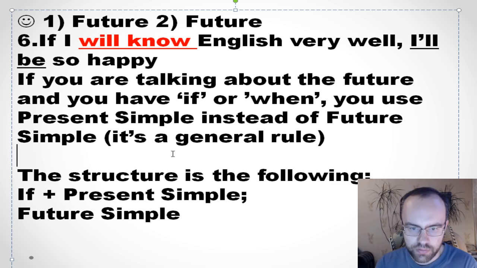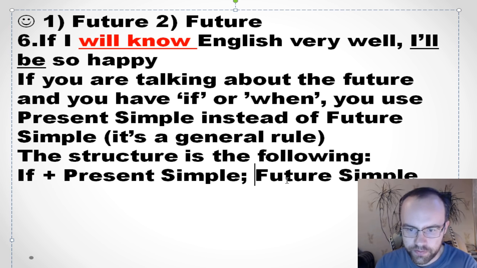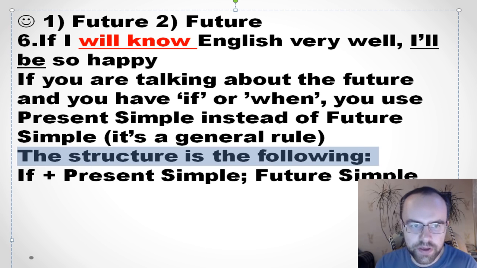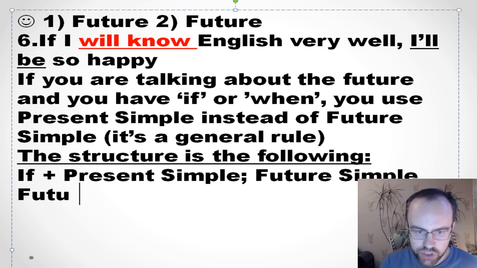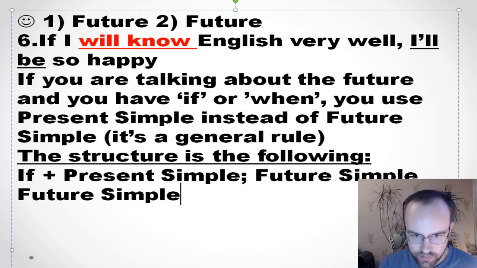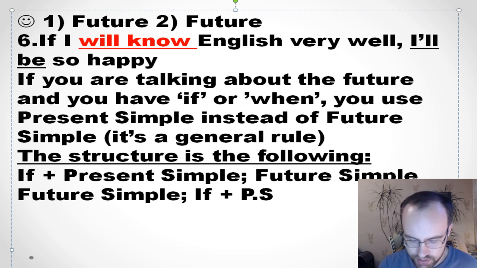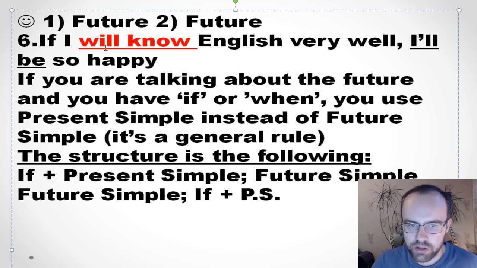Or, my friends, it can be the opposite. It means that it can be future simple first, and then it's if plus present simple, okay? Look, so you need to use present simple instead of future simple.